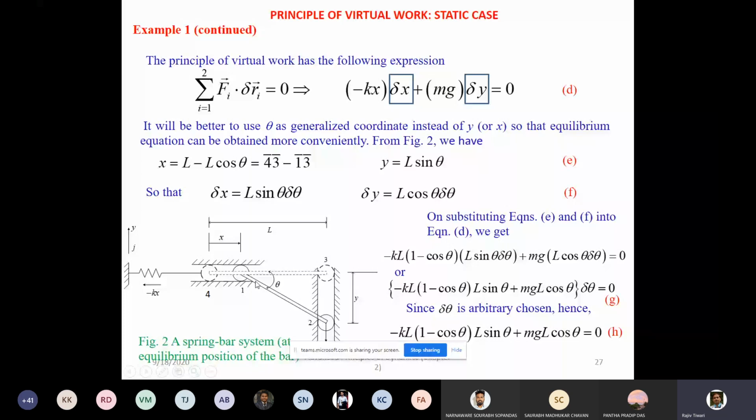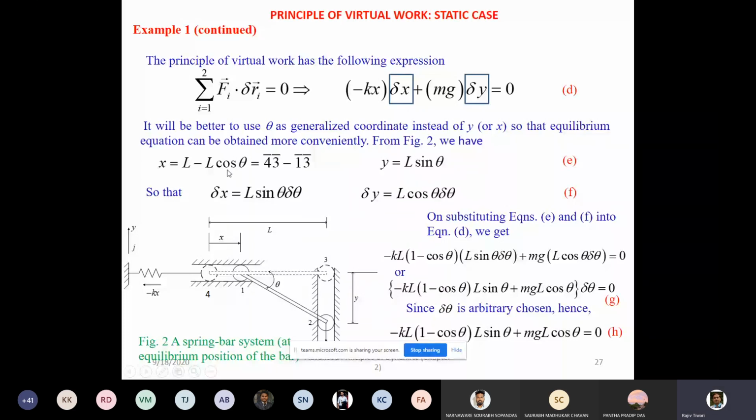Now, if we take the variation of x, as I mentioned, the variation operator is similar to the differential operator in most of the operations. So variation of the constant quantity will be 0, minus L, then cos theta variation will be minus sin theta. So it will become plus L sin theta, delta theta.